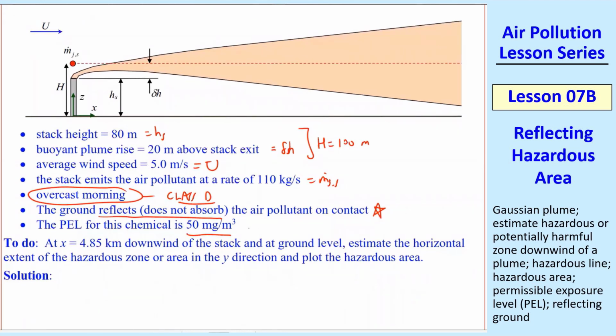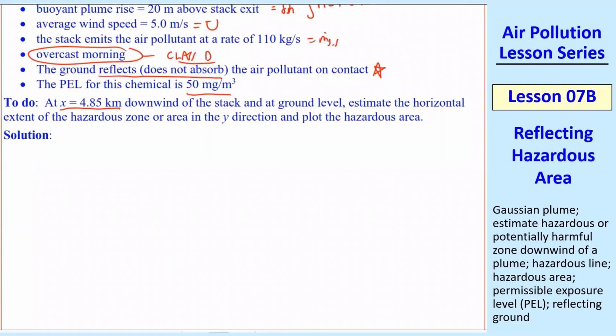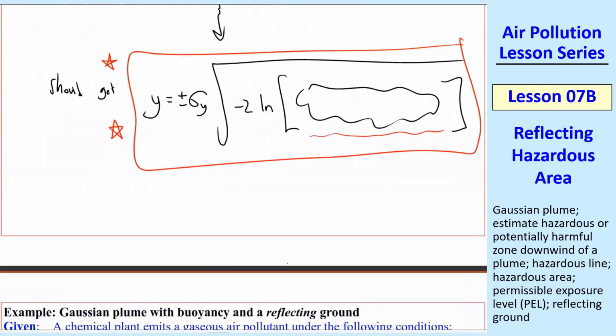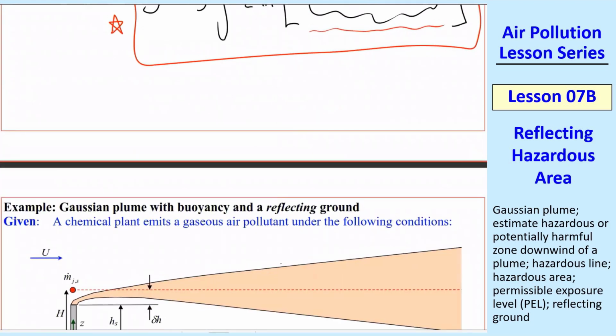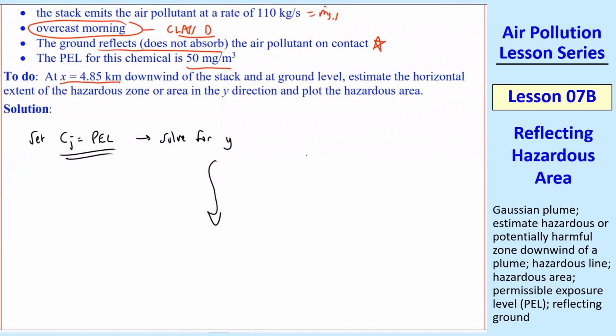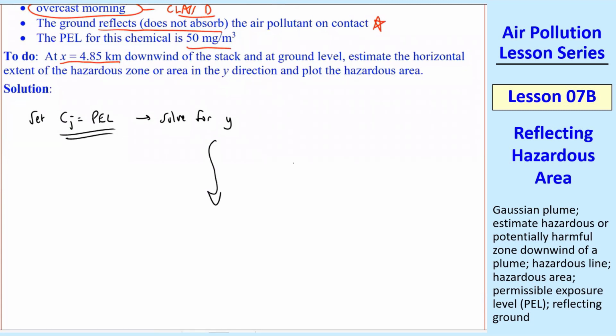PEL, I even kept that the same as the previous example, and I also kept X the same as the previous example. What we want to do is set Cj equal to PEL, and you solve for y. And again, you have to use this equation that you derive here. You can double check yourself with goal seek or something in Excel or one of your software, but I really advise you to do this because you're going to have to make plots then also.